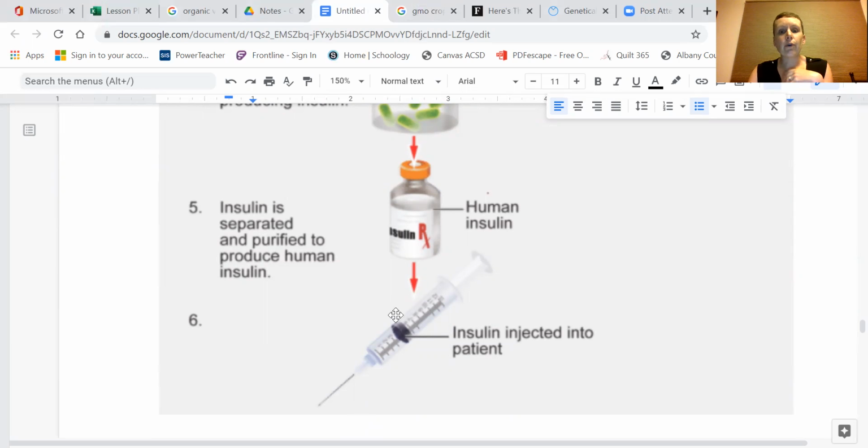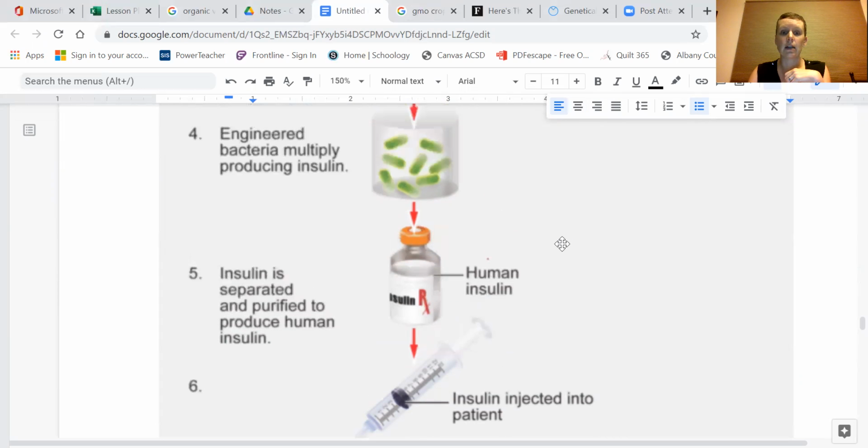Okay. Now, before we had bacteria making insulin for us, we had to use insulin from pigs. So we had to take the pancreas of a pig, remove the insulin from it, and use that as a substitute form of insulin for humans. And it wasn't great. It's not perfect because it wasn't human insulin.